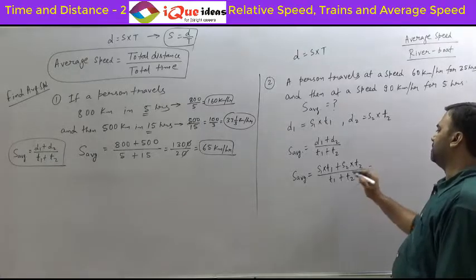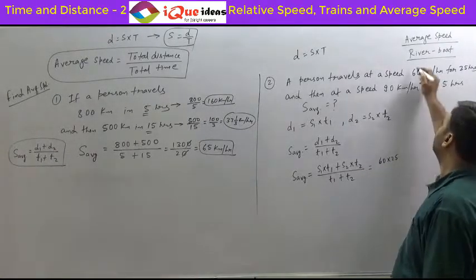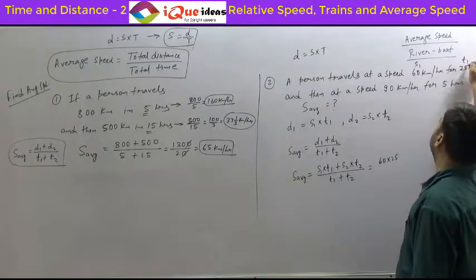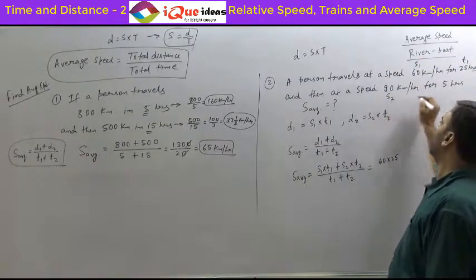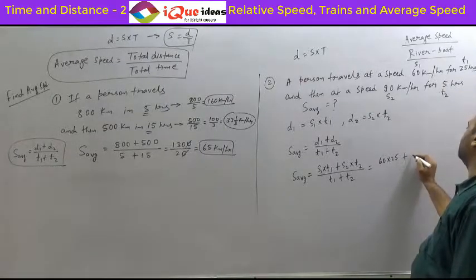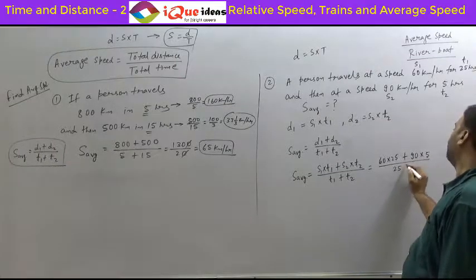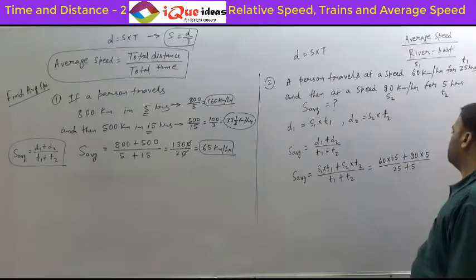Alright? Then we calculate. So S1 into T1, that is 60 into 25. This is the first speed, this is the first time, this is the second speed, this is the second time. 60 into 25 plus 90 into 5 divided by 25 plus 5.